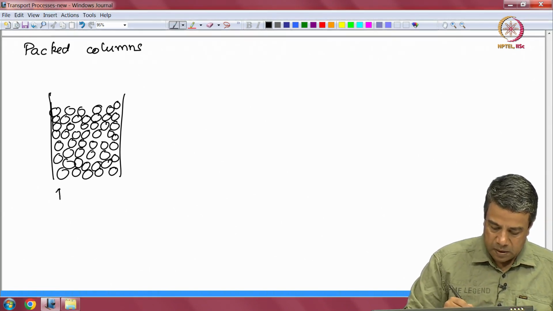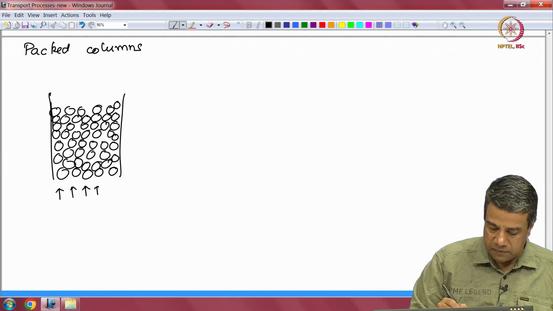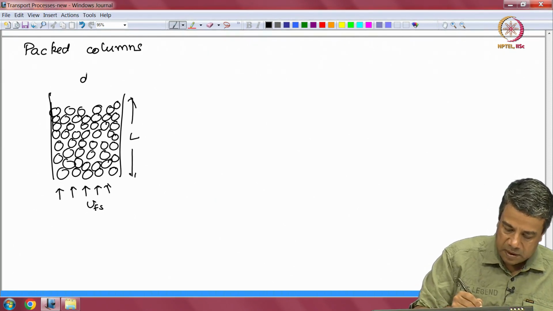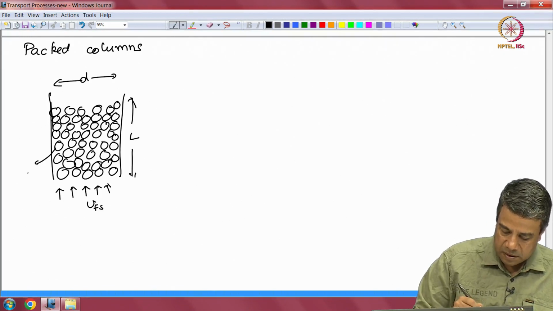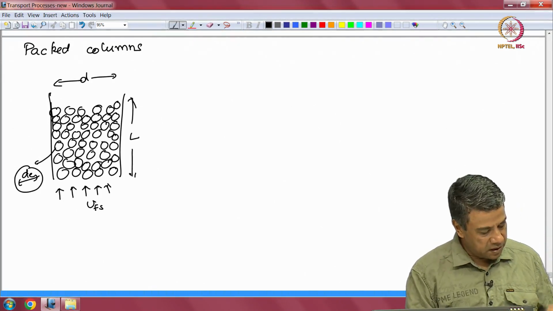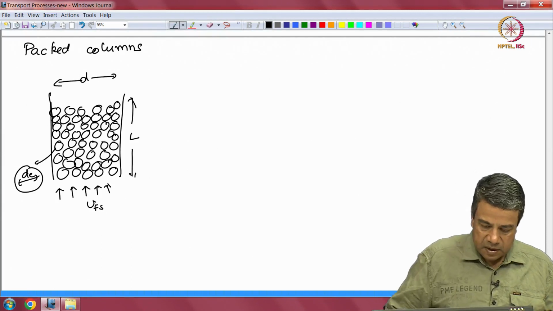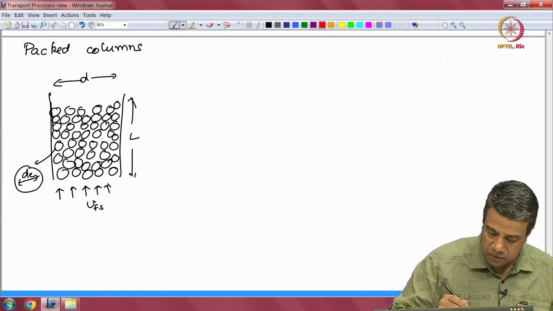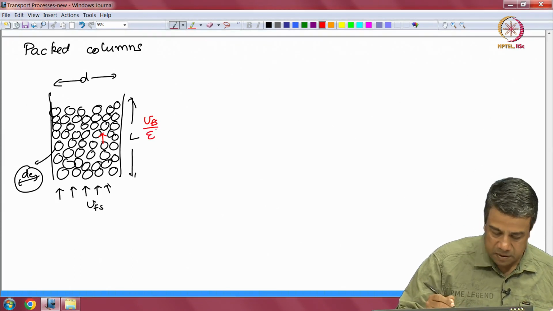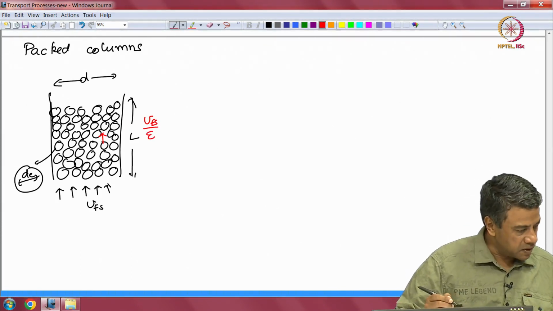With a free stream velocity Vfs, a length L, diameter d, and the particle has an equivalent diameter dE. Free stream velocity is the velocity in the absence of the particles. The characteristic velocity for flow through the bed is going to be equal to Vfs by epsilon, where epsilon is the porosity of the bed.